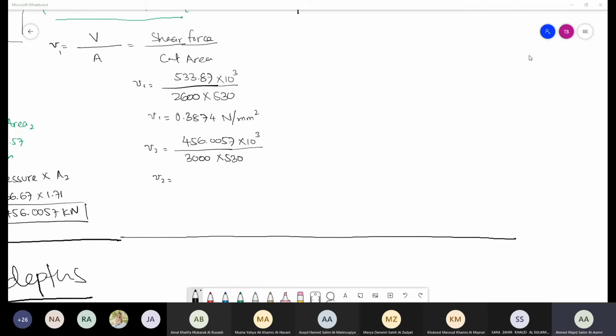The second one is 456.0057 multiplied by 1000 divided by 3000 divided by 530, which will give you 0.2868 Newton per millimeter square.